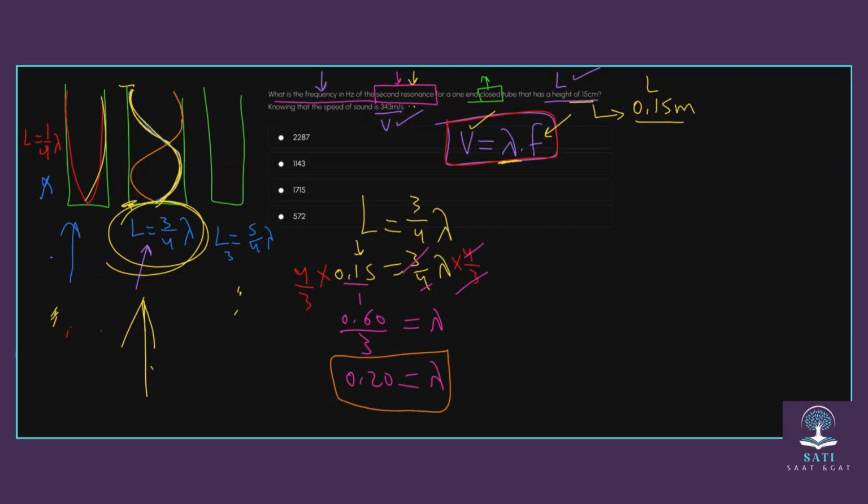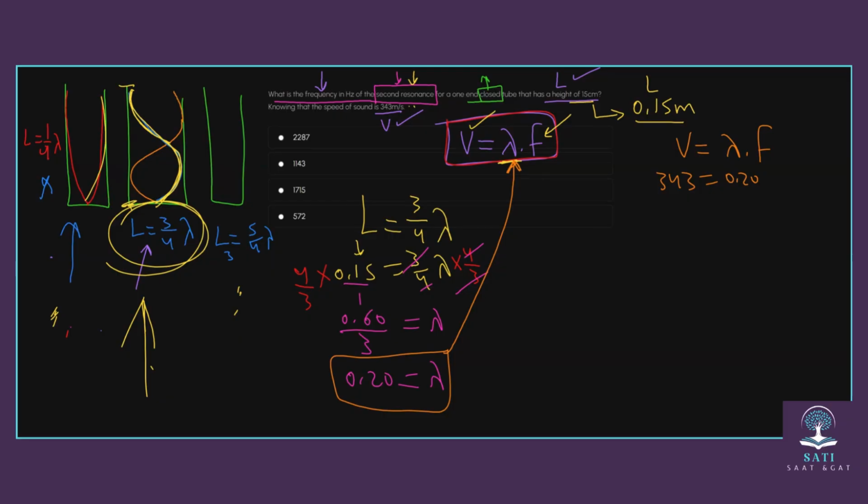When I get lambda, I substitute it here. Now how many variables do I have? I have v, the velocity, and I have lambda, so I can find f easily. Velocity equals lambda times f. The velocity is 343 and lambda is 0.20, or 0.2, it's the same.